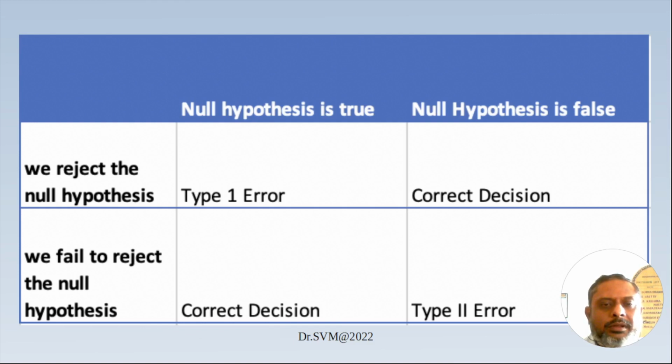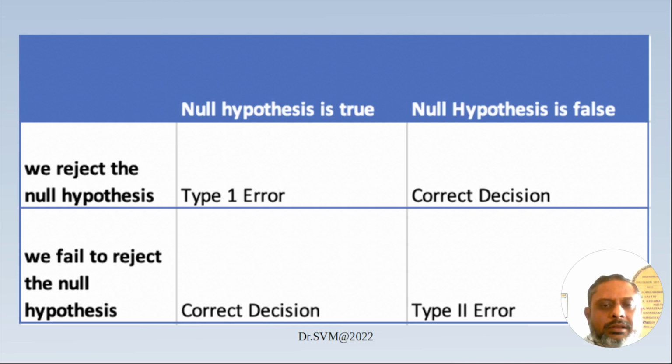The reality may be that the null hypothesis is true or the null hypothesis is false. And our experiment will get us the p-value such that we may reject the null hypothesis or we may fail to reject the null hypothesis. So the rows talk about the outcome of our experiment and the columns talk about the reality.